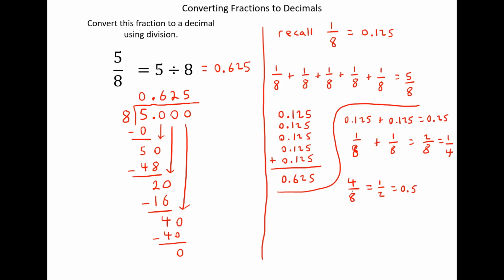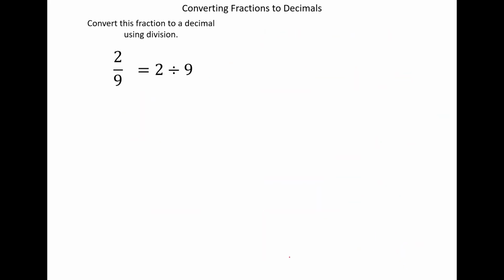So if I know that, then why can't I just do 4 over 8 plus 1 over 8 to get to 5 over 8? This is another way of thinking about it. So in this case, that would be 0.5 plus 0.125, because 4 over 8 is just 1/2. So in this case, I would still end up getting 0.625.